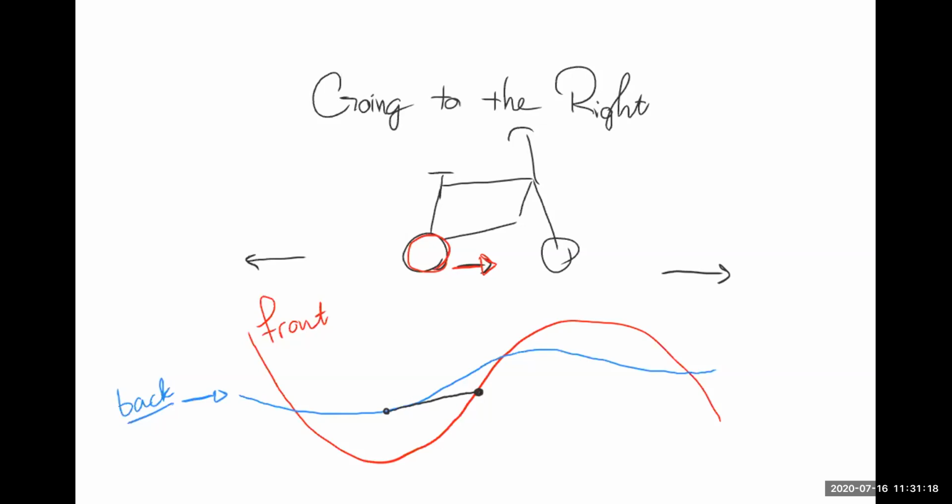That would be the front wheel at that point. This length should be the length of the bicycle. So if the length of the bicycle is D, this length should be D. Now, if our assumption is correct, this length shouldn't change. If I draw the tangent line here, this seems to be longer than D, and that is a contradiction. The length of the bicycle doesn't change, so it doesn't go to the right.